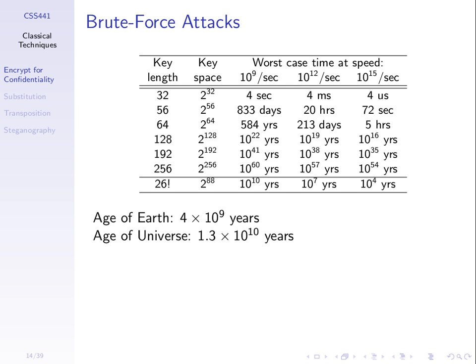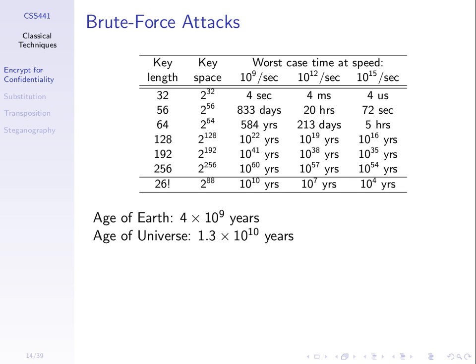If I could do 1 billion per second with my computer, then in the worst case, if I have to try all possible keys, it takes me 4 seconds to find the key.